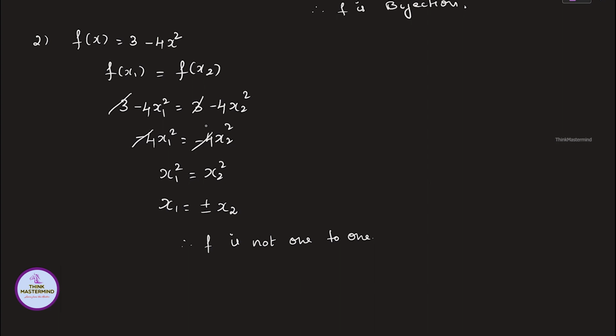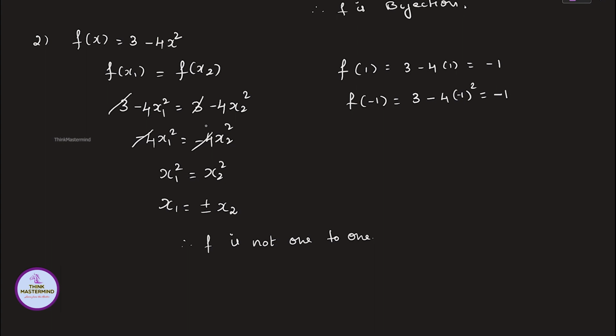Now we have to prove that it is not onto. Substitute f of 1, that is 3 minus 4 into 1, that is minus 1. Similarly, f of minus 1, that is 3 minus 4 times minus 1 the whole squared, that is also minus 1.